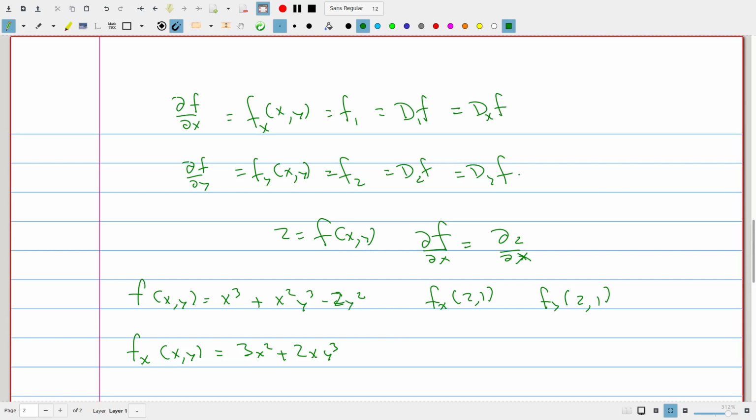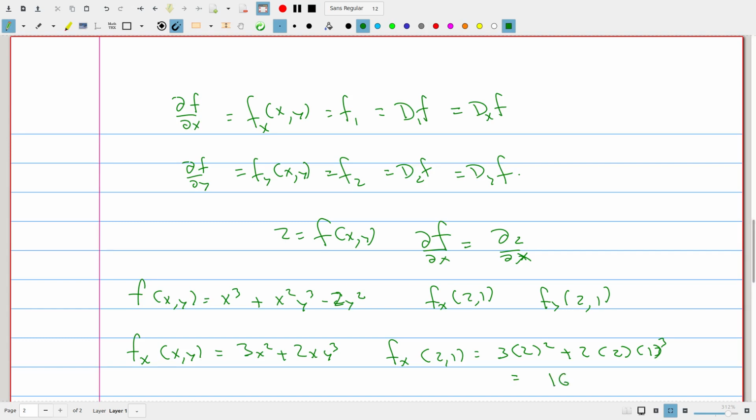And of course, f sub x at (2, 1) is going to give me, let's just plug this in, (2, 1) is a point in its domain. So 3 times 2 squared plus 2 times 2 times 1 cubed, which is equal to 16.